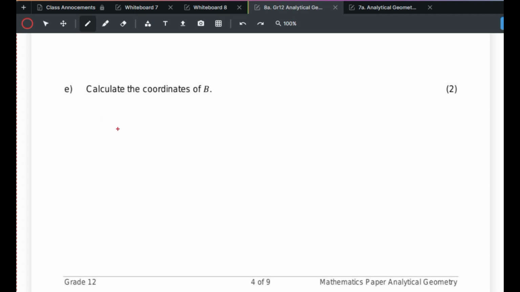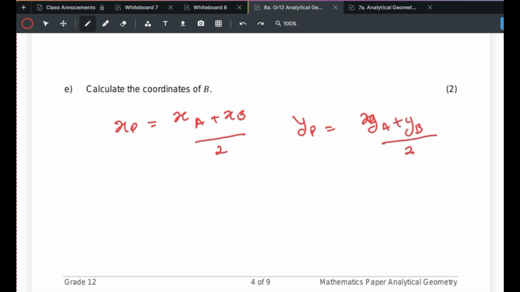So xP is equal to (xA plus xB) divided by 2. Then we have yP equals (yA plus yB) over 2.